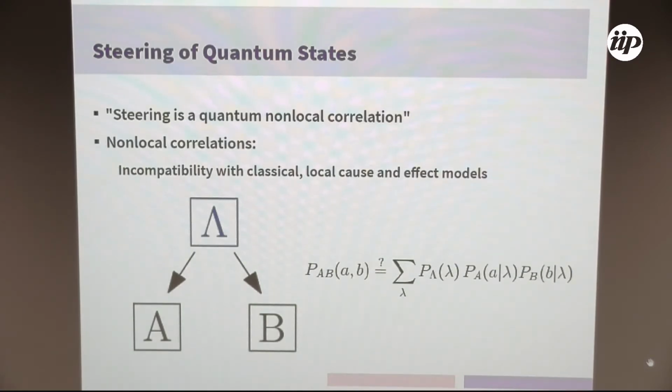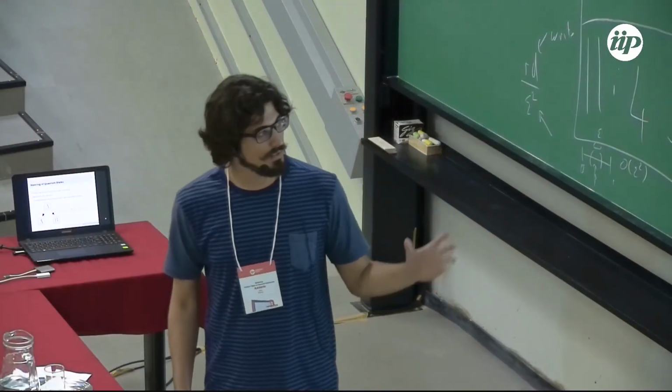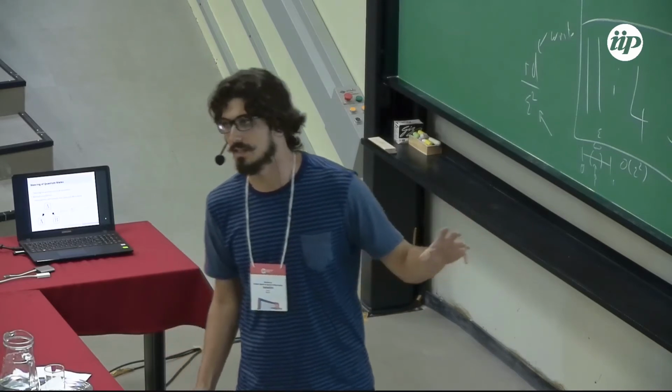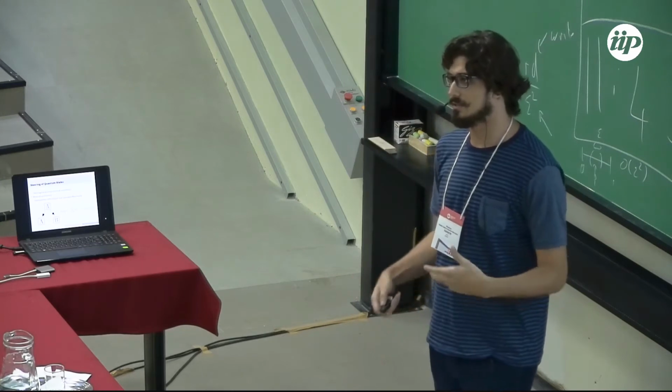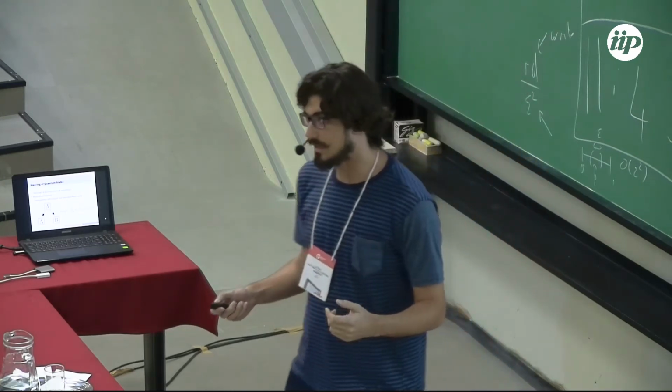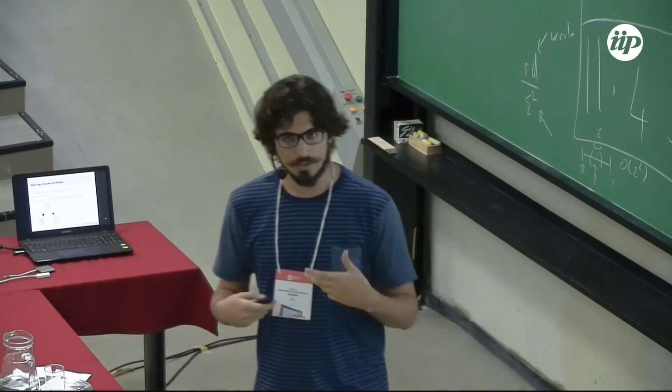To begin with, the idea of non-local correlation: when I say that this is a non-local correlation, I mean that the type of correlations that I will be dealing with are not compatible with a certain model or a certain classical notion of how the variables would be correlated.